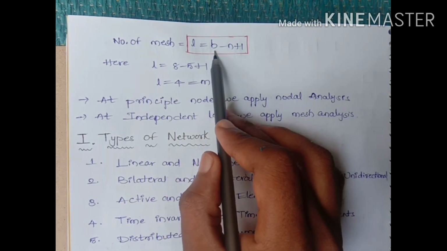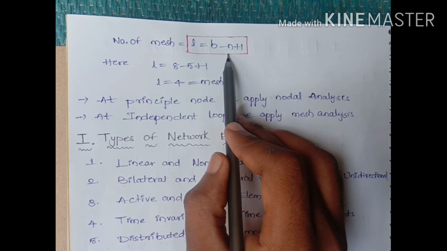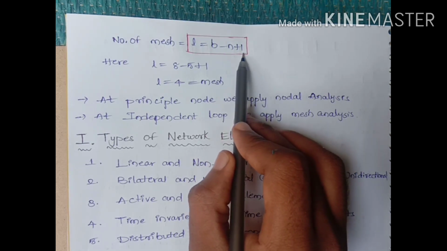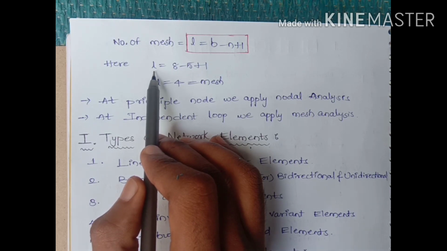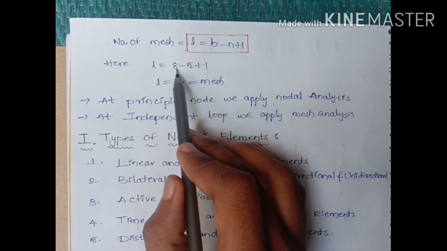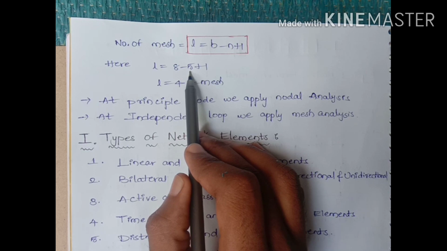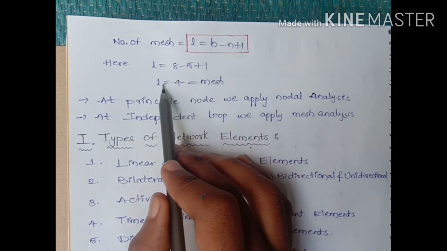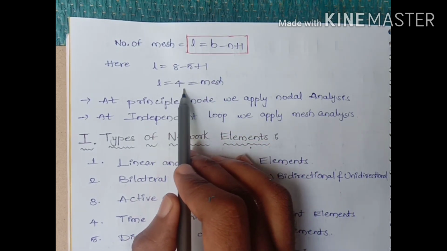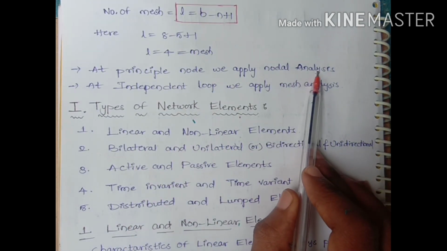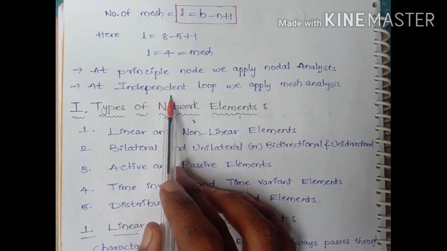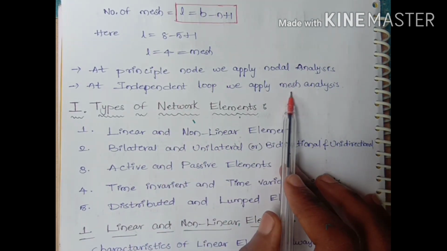B means number of branches minus number of nodes plus 1. So in the above example, you can observe number of meshes L is equal to 8 branches minus 5 nodes plus 1. So number of meshes is equal to 4. At principal node, we will apply nodal analysis. In independent loop, that means in meshes, we will apply mesh analysis.